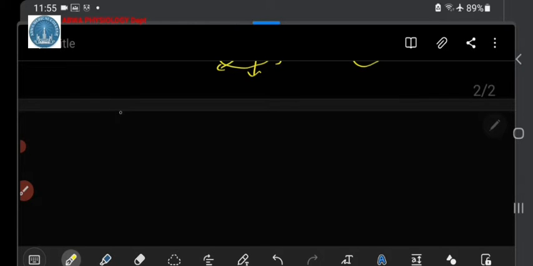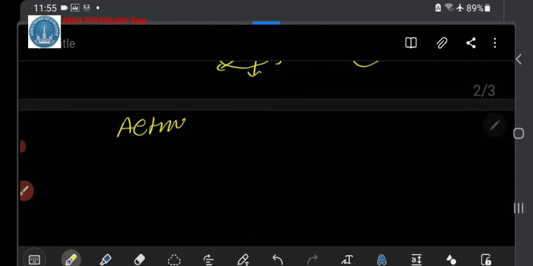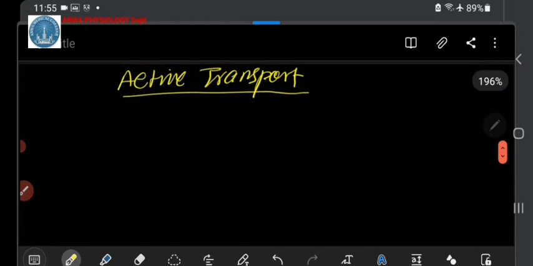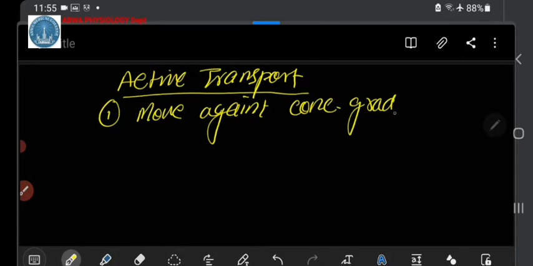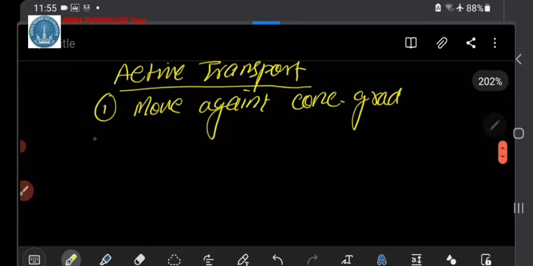Now we'll move towards active transport. We already discussed, from our background knowledge, that active transport is a transport that moves against the concentration gradient. That means it moves from lower concentration towards higher concentration. Number two, it requires energy.